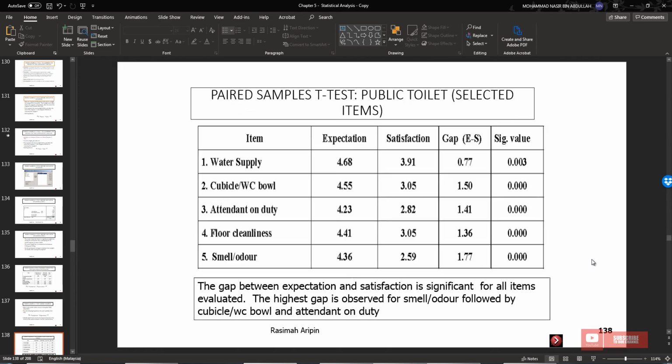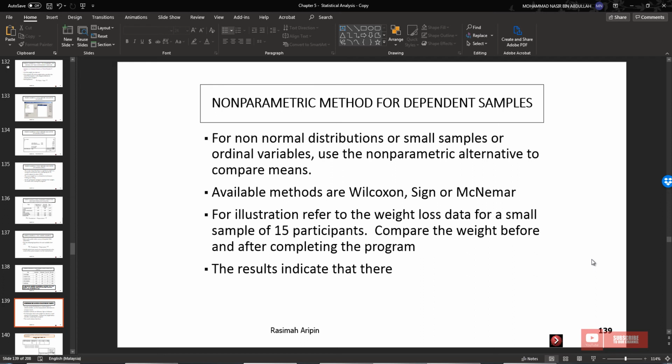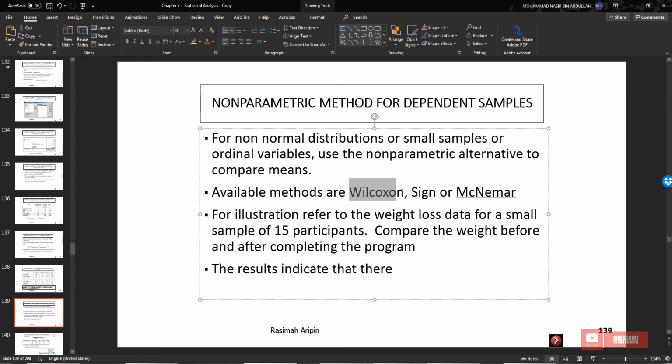Right, let's move to the next statistic, which is under the same criteria where we want to measure two dependent samples. For non-parametric tests, we have the Wilcoxon signed-rank test, sign test, or McNemar test. But McNemar test is designed for categorical variables, right? So the purpose is the same, but we need to identify the test that we're going to use.